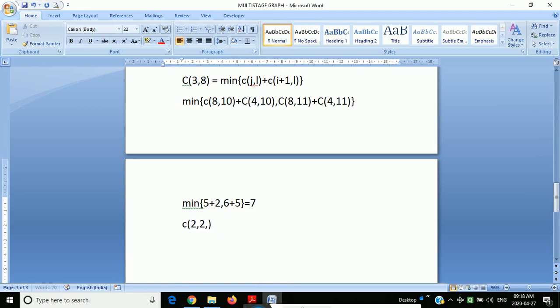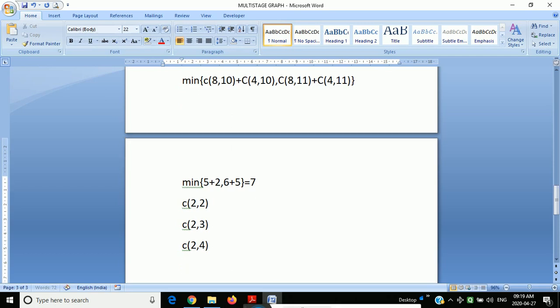C 2 comma 2, C 2 comma 3, C 2 comma 4 and last is C 2 comma 5.